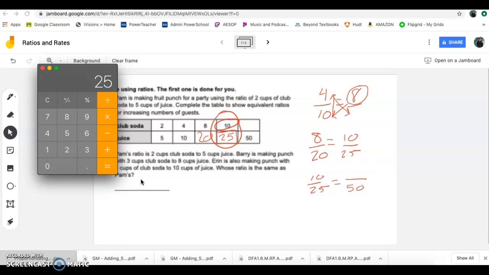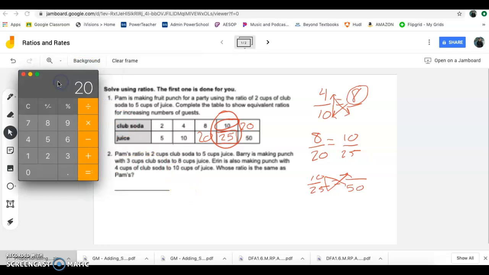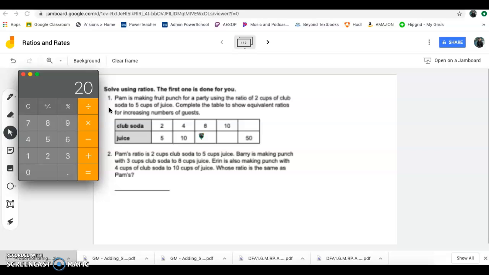Cross multiply, divide, bring back. Again, get your calculator. 10 times 50, divided by 25, and you have 20. Okay. So there's that piece. You just completed that chart. Now, let me erase some of this junk off of here. So now we're on to number 2. All right, 20. So 20, 25, and 20.